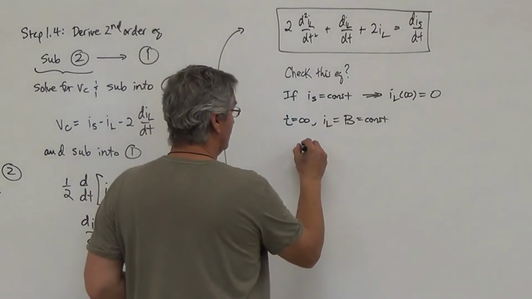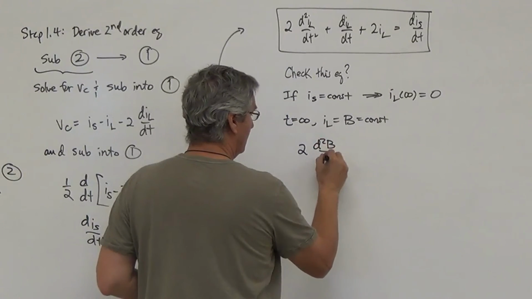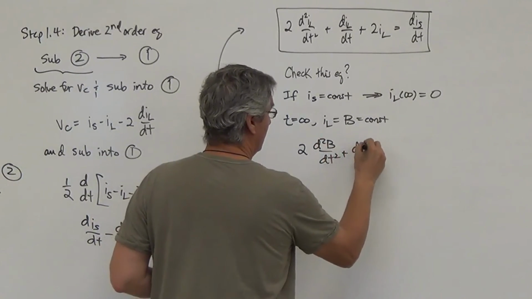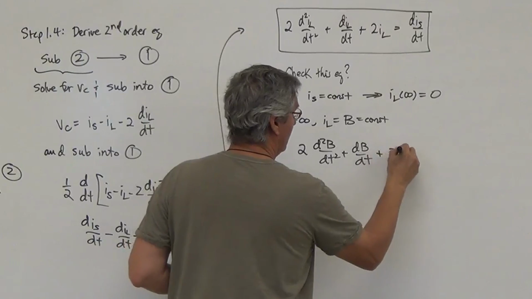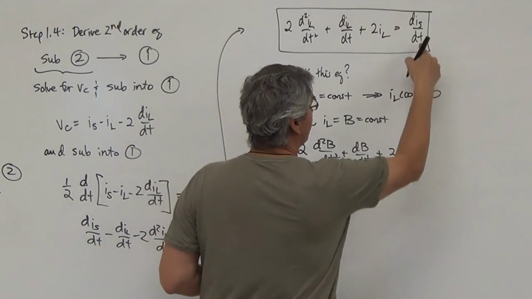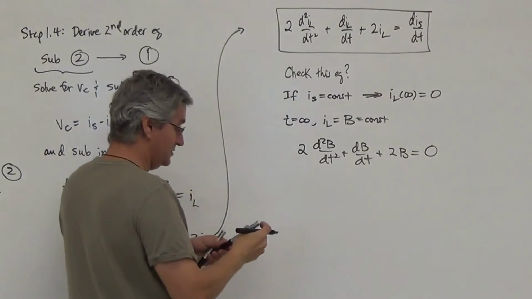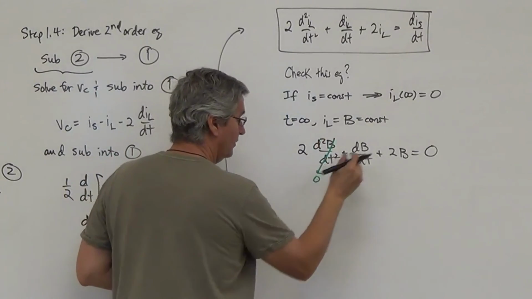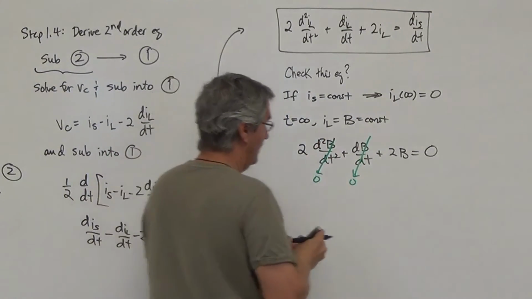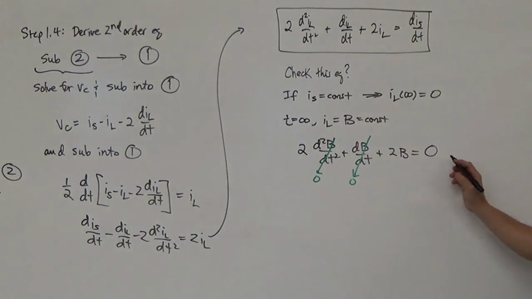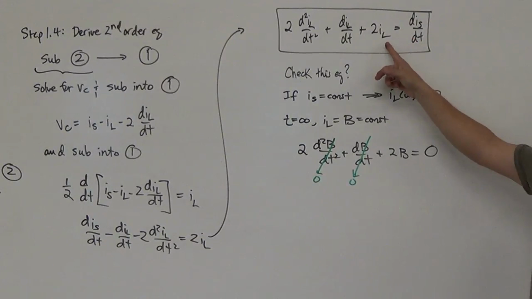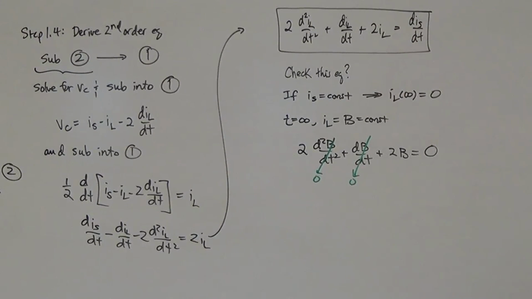And then the derivative of a constant is 0, and you can see that this goes to 0, this goes to 0, and so the only way this could be true is if IL is equal to 0, which is exactly what we expected. Now if we had a time-dependent source, then we would have to look at how the derivative of this relates to that right there. And it would be the exact same way.